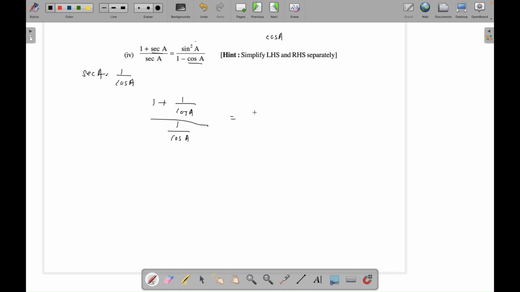Right, so this becomes (cos a plus 1) upon cos a, divided by 1 upon cos a. Right, so this cos a will get cancelled, so we'll end up with cos a plus 1.